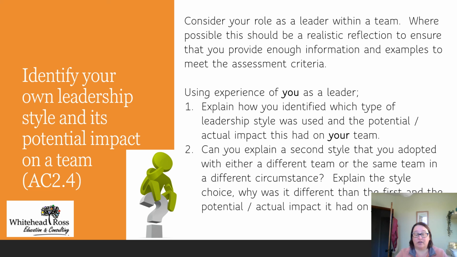A couple of things on Moodle that might help you with this: there's an ILM handout on there which is called Spotlight on Leadership Styles. That will help you complete a worksheet which is on there, and both of those things will help identify maybe your own leadership style. And finally, at the end of the unit, there is a revision quiz which pulls the whole unit together.